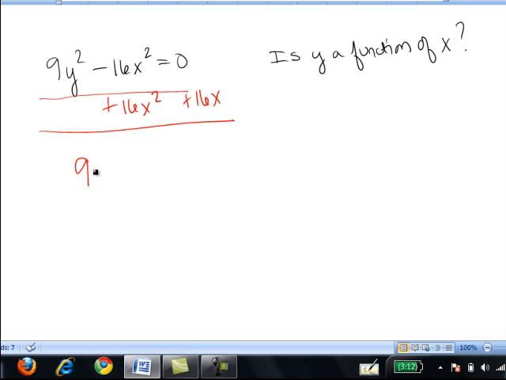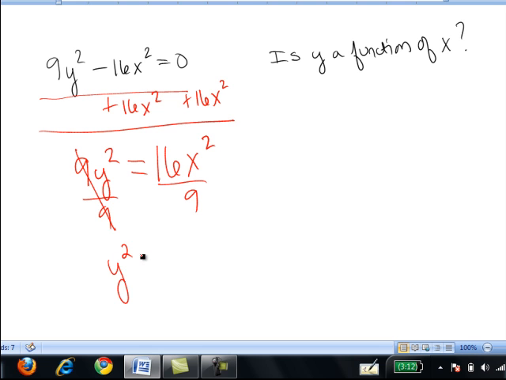So now I have 9y squared equals 16x squared. Divide both sides by 9. Now I have y squared equals 16x squared over 9.